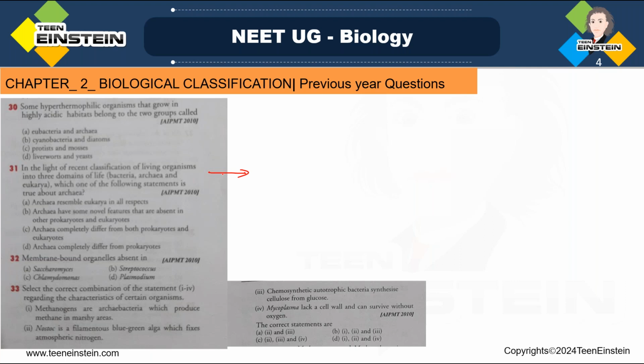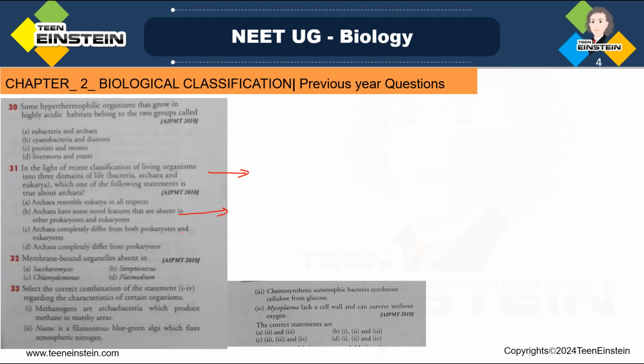In this question, statement B is true about archaea. Statement B: archaea have some novel features that are absent in other prokaryotes and eukaryotes. Why are we saying this statement is correct? Because see the other statements.